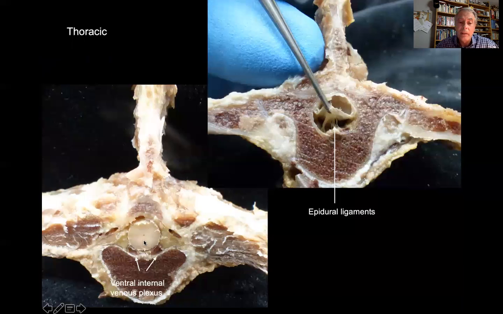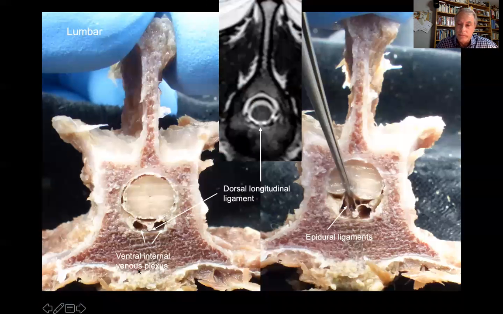At the thoracic level, we find them as well. We have here, again, in between the inner layer and the outer layer, these epidural ligaments. At the lumbar level, they are also present. You see the spinal cord, the plexus venosus vertebralis internus ventralis, epidural fat here because we are at the epidural space, and the dorsal longitudinal ligament, this structure is this one.